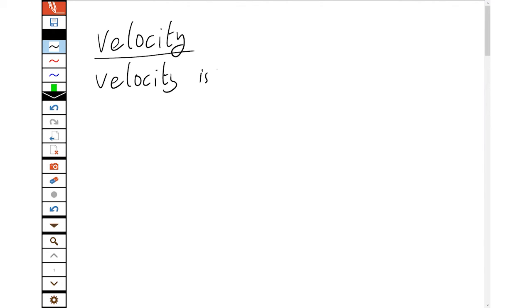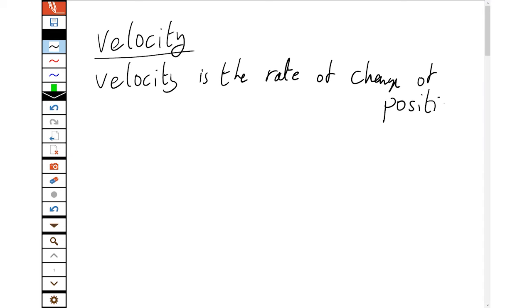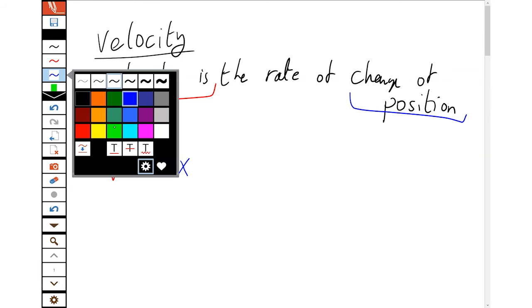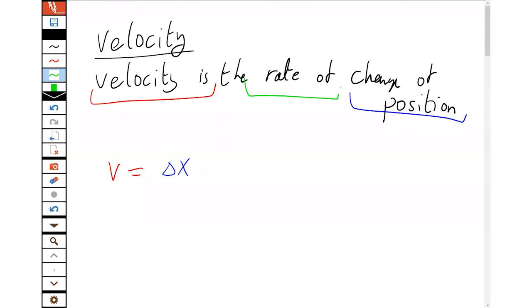The next pair of values is speed and velocity. And we can have a look at this. Velocity is the rate of change of position. And we can break this up. We got the change in position, which we saw before, and then the new bit, the rate of.